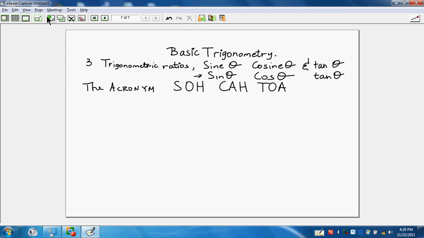And what does SOHCAHTOA mean? SOHCAHTOA means that sine is opposite over hypotenuse. So the O will stand for opposite. And the H will stand for hypotenuse.